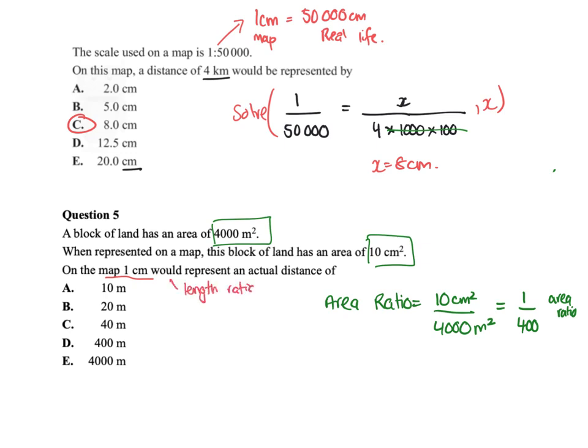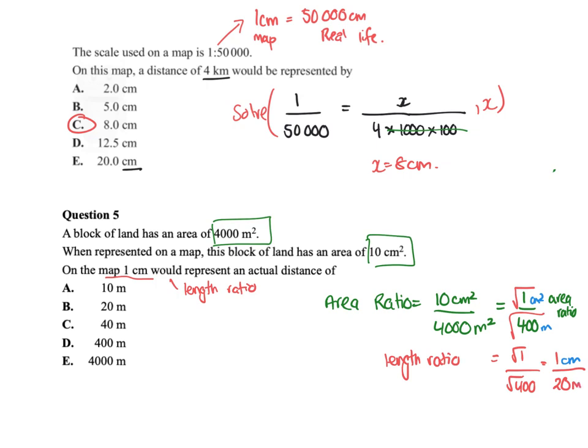So we want to go backwards. When we go backwards to find the length ratio, we're going to have to do the square root, like we saw before. So the square root of 1 over the square root of 400. So the square root of 1 is 1. Because this was originally centimeters squared and this is meters squared, that's going to be 1 centimeter, and this will be 20 meters.